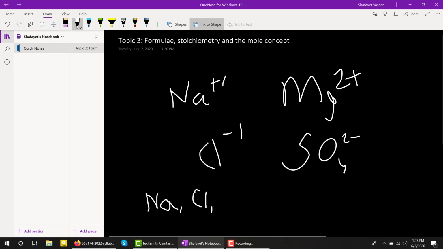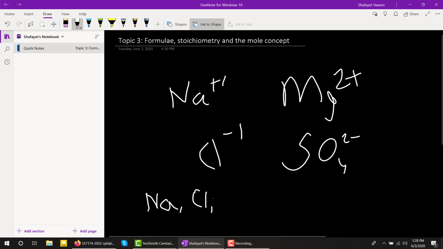So for Na+, it'll just go down here, and for Cl -1, we'll just take the value of the charge, and it'll be cross multiplied with Na. It's pretty straightforward. From Na plus 1 goes down here, comes down as 1, and minus 1, the magnitude, comes down here, becomes 1.